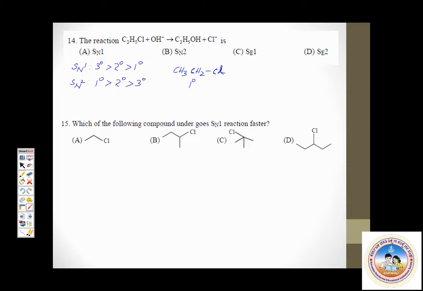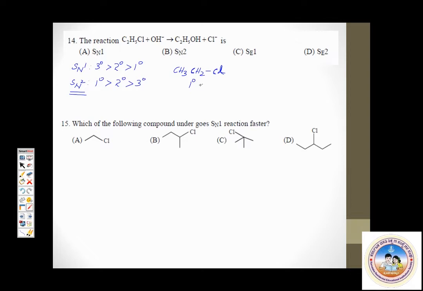So now we know this is primary, right? Then check it out. Which mechanism will have high reactivity under primary? It is SN2. SN2 mechanism will have high reactivity for a primary alkyl halide. So C2H5Cl is a primary alkyl halide. Hence, it undergoes nucleophilic substitution via SN2 mechanism.